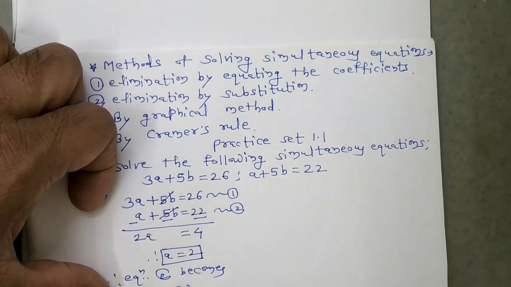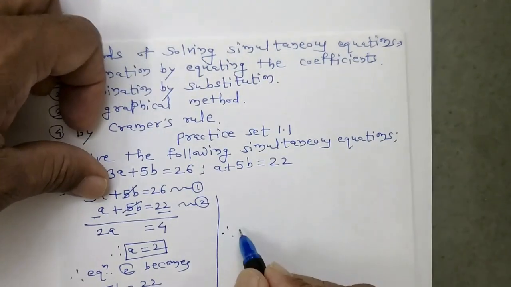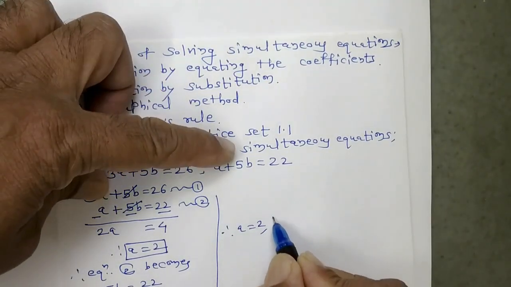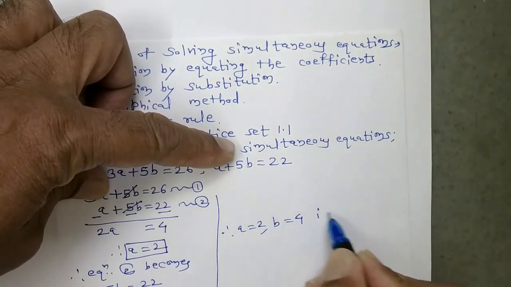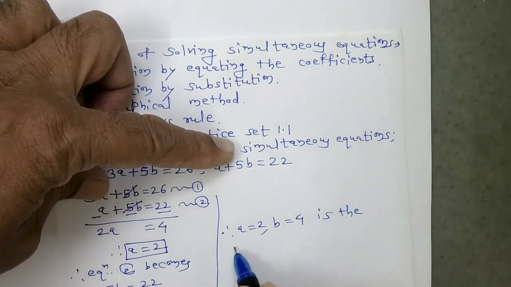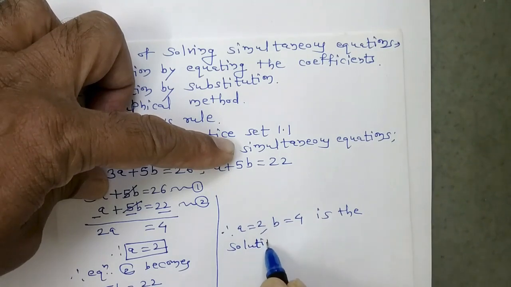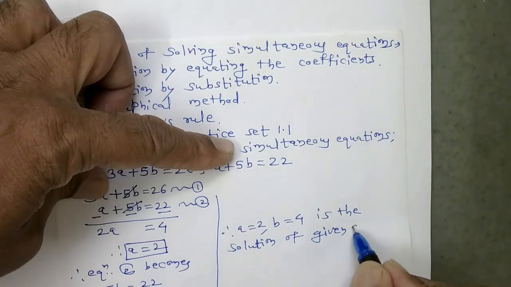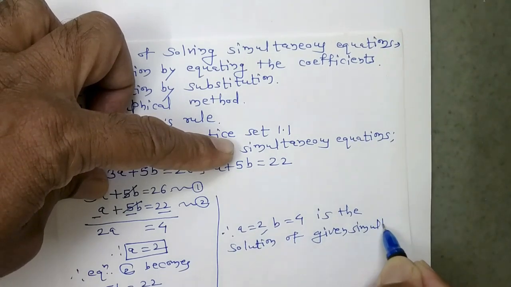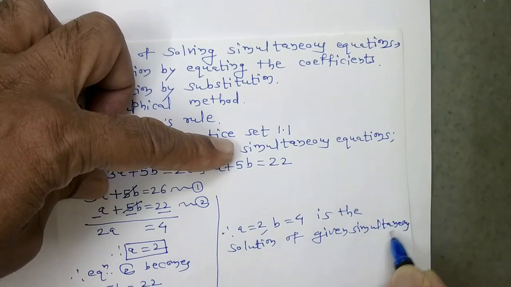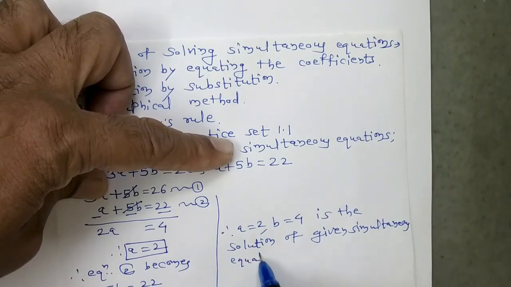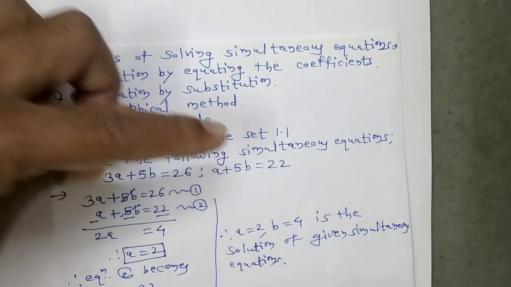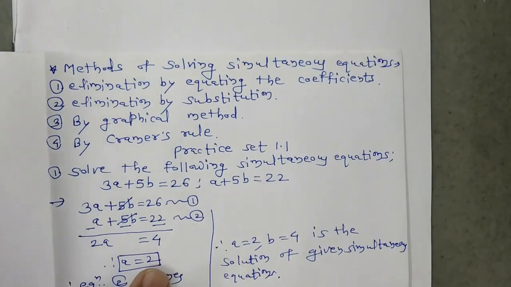Therefore b is equal to 4. Therefore a is equal to 2, b is equal to 4 is the solution of given simultaneous equations.